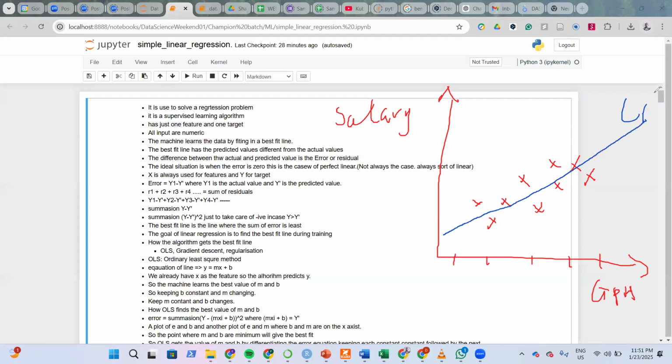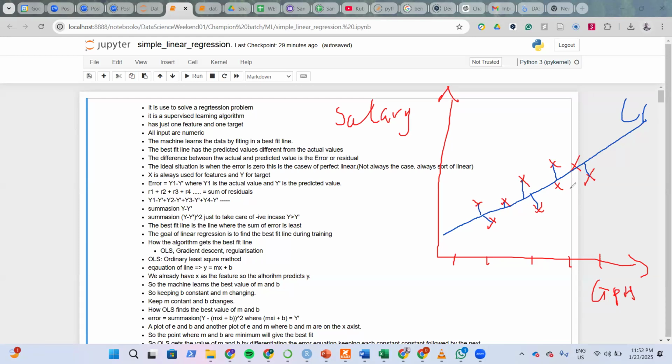The residual is the difference between the actual values that it has plotted and the line of best fit. This difference like this is what we call the residual or the error, right? The error.